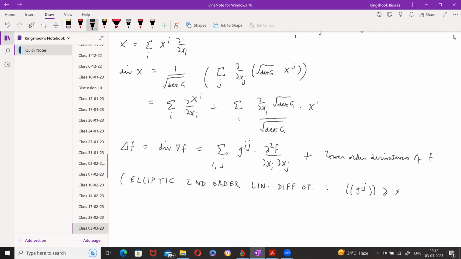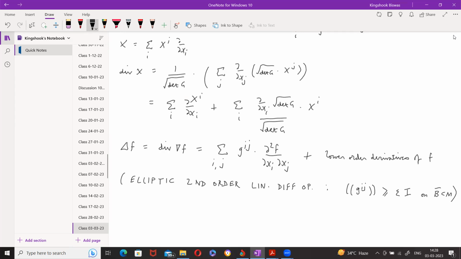So it's bigger than or equal to some epsilon times the identity matrix. It's a symmetric matrix, right? It's the inverse of a symmetric matrix. So it's a symmetric matrix. This symmetric matrix is positive definite on compact sets, right? So it's positive definite with the lowest eigenvalue strictly bounded by some positive constant epsilon.